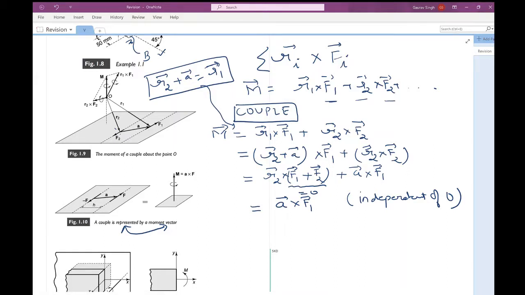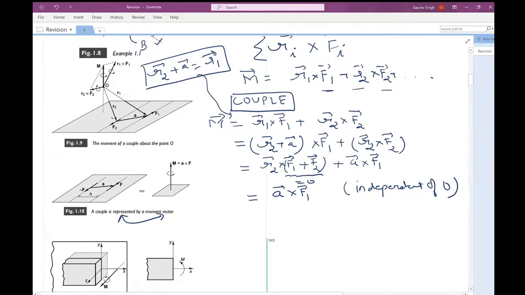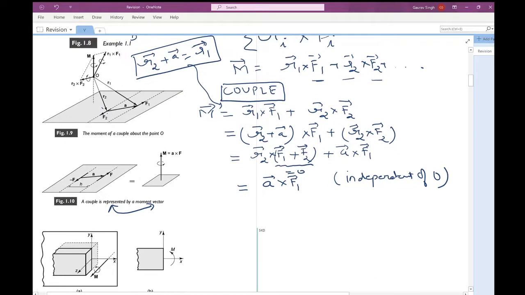Okay. We will use these concepts quite often when we have to solve some complicated problems and we want to replace a couple system by just one point.